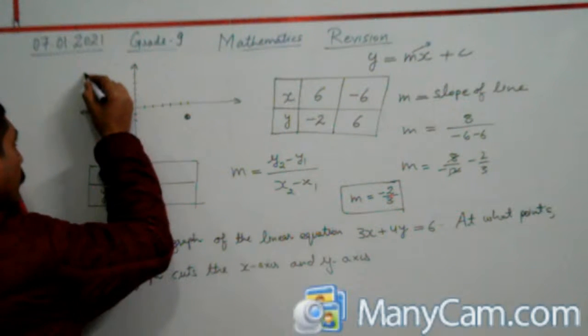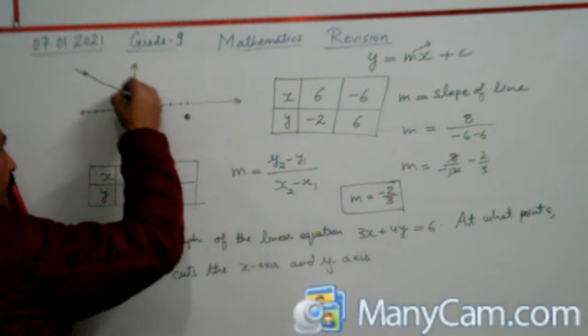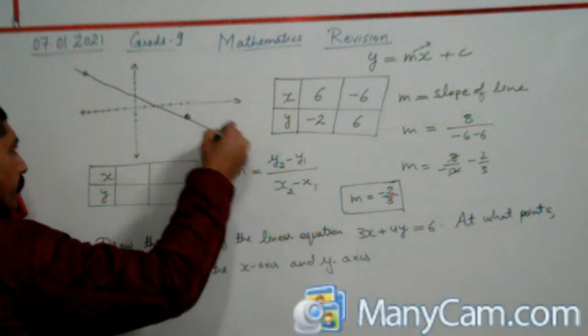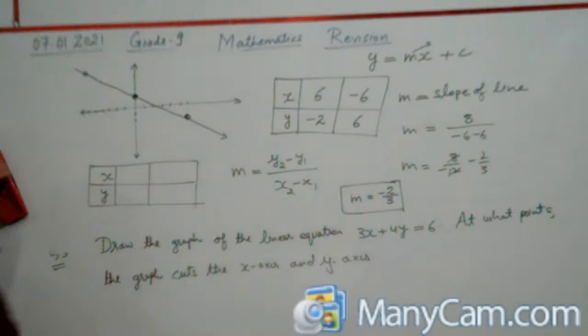So here is the point. When we join the line, suppose here is the point. This point on the y-axis is called c. This point is called c here.